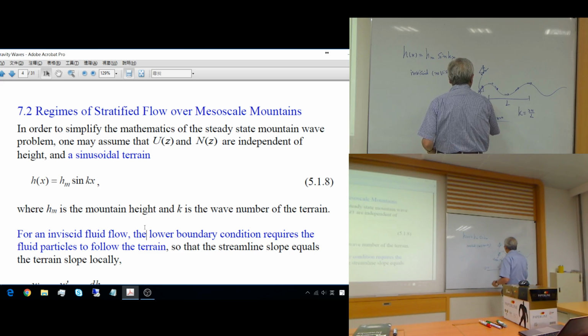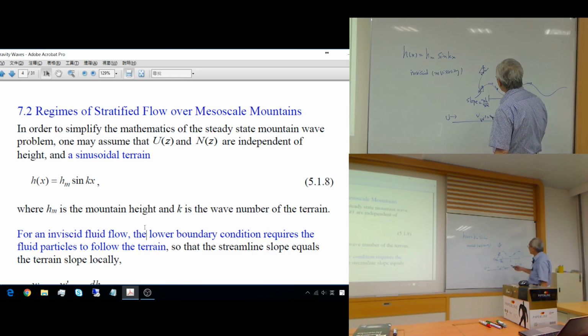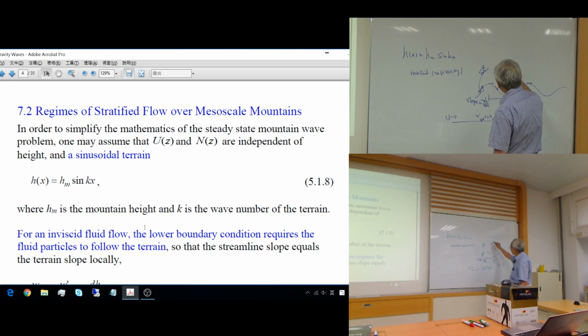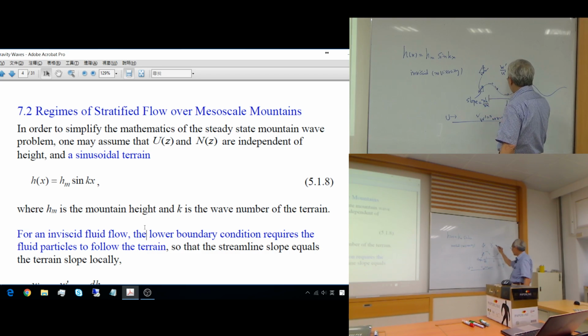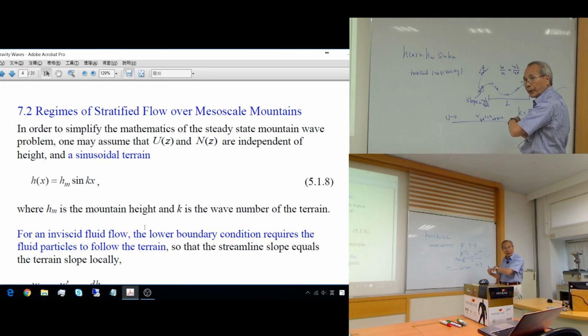That is partial h, partial x. So W prime over U prime, that's the slope of the flow, equals dh dx. The slope of the flow must be equal to the slope of the terrain because it has to follow the terrain everywhere.